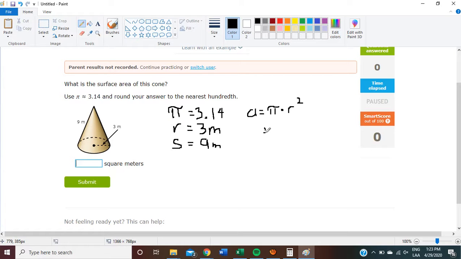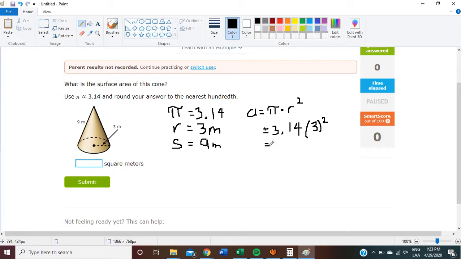So pi, we know that pi equals 3.14, and we're going to multiply this times the radius elevated to the power of 2.